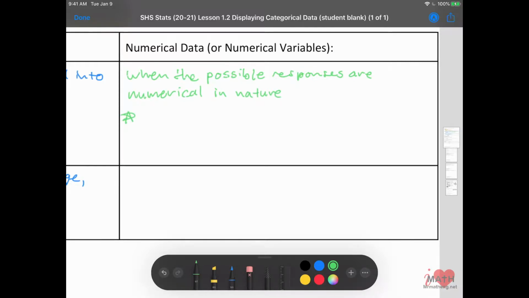How do you know when it is numerical data or numeric values? You can find the average.